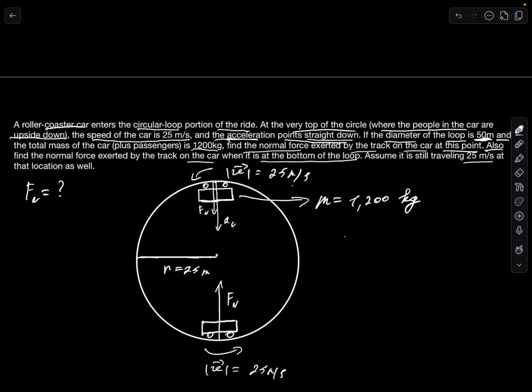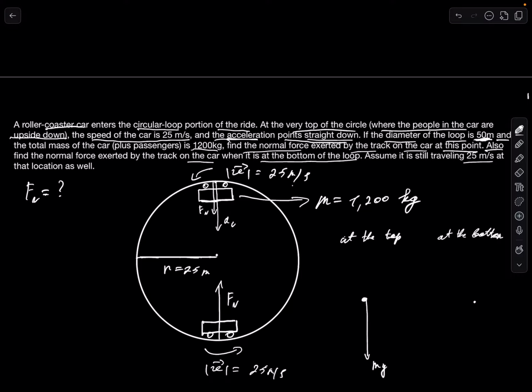So let me say this is at the top, and this is at the bottom, and we're going to draw two separate free body diagrams for two situations. When the car is at the top, we always have the force of gravity, so let's call it mg. We actually know what the force of gravity is.